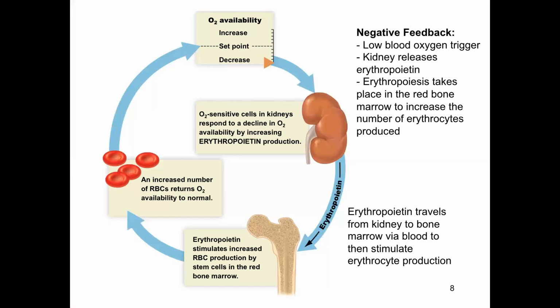Then our oxygen carrying capacity of the blood will go up. You'll get back to the set point, and then those cells in the kidneys will stop producing erythropoietin because we're back up to where we're supposed to be. So that's how that works. So we have this negative feedback loop, and the key is erythropoietin being released by these cells in the kidneys.